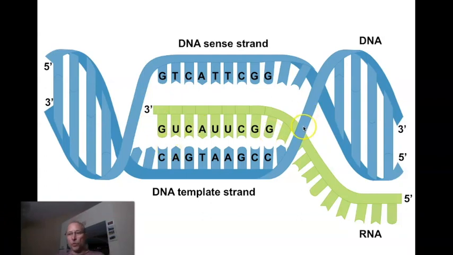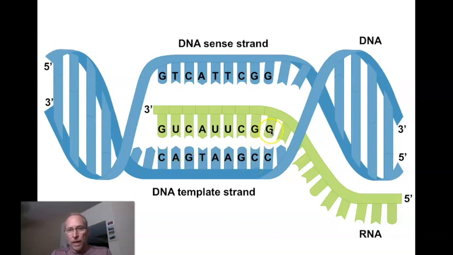Now, notice what happens, though. Once we're past this area where the replication fork, or the replication complex has moved, notice the DNA goes right back into its native double helix. Why does it do that? Well, we haven't really talked about the physics of that yet, but it comes down to the fact that once that helicase is gone, and all those structures that are holding the DNA apart have moved on, the DNA up here, this strand, will start to compete with the messenger RNA for the template strand.